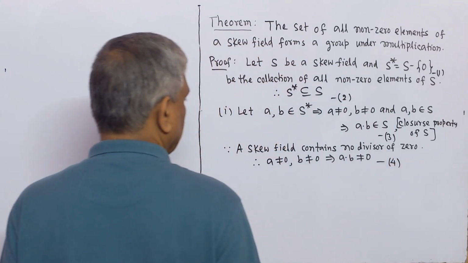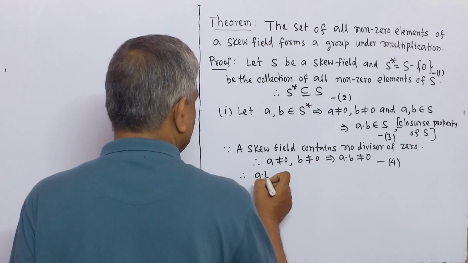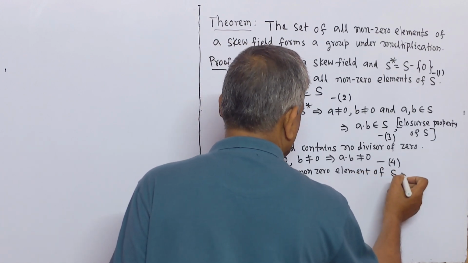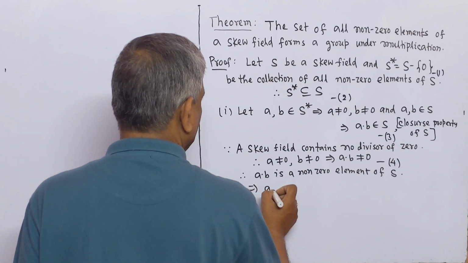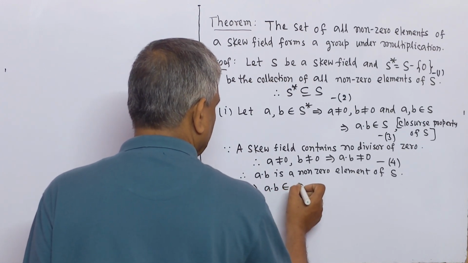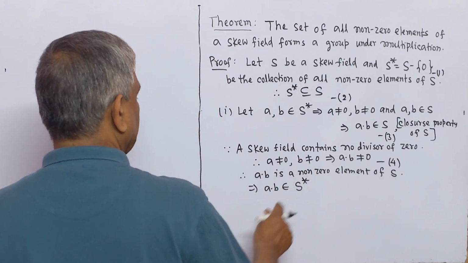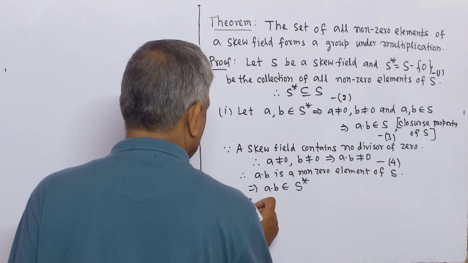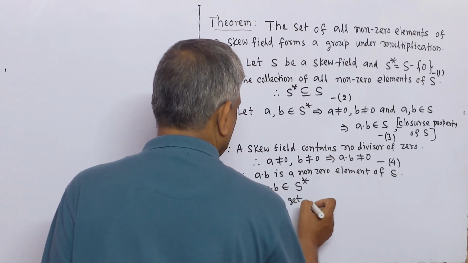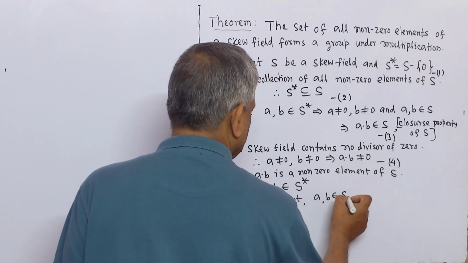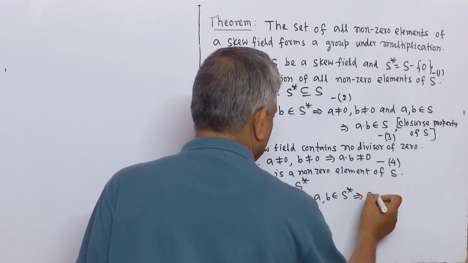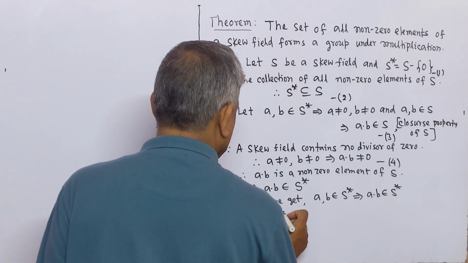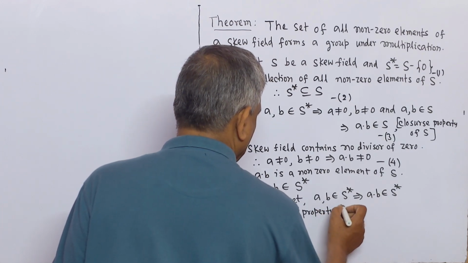Therefore, A multiply B is a non-zero element of S, implies that A multiply B belongs to S star, because S star contains all non-zero elements of S. Hence, we get A, B belong to S star implies that A multiply B belongs to S star. Therefore, closure property holds.